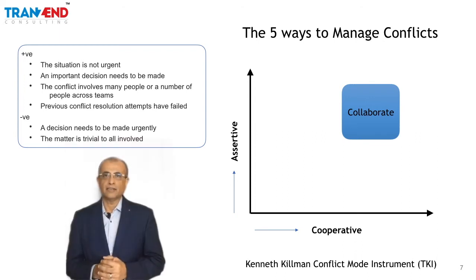So let's say there is a very important decision to be taken, where the perspectives of both the parties in that conflict are very important. So for example, let's say you are setting up the budget for the next year. Now the situation is not urgent.